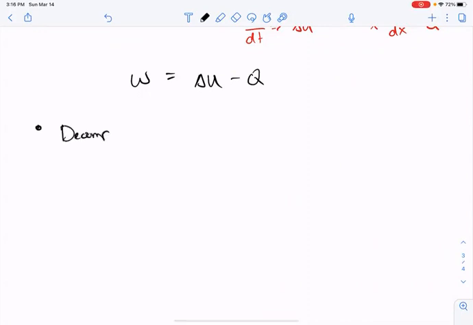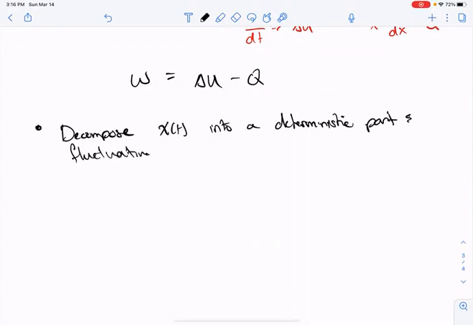So let us decompose x of t, the trajectory x traces out, into a deterministic part and a fluctuating part, such that x of t is equal to the deterministic part, call y of t, and the fluctuating part, call delta x of t.